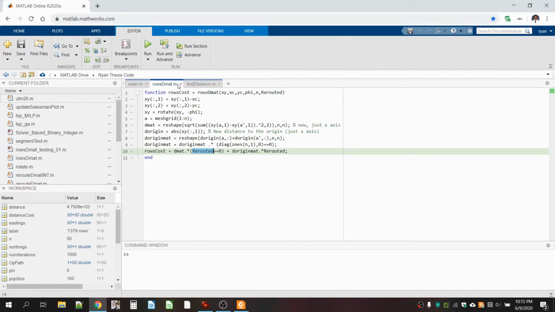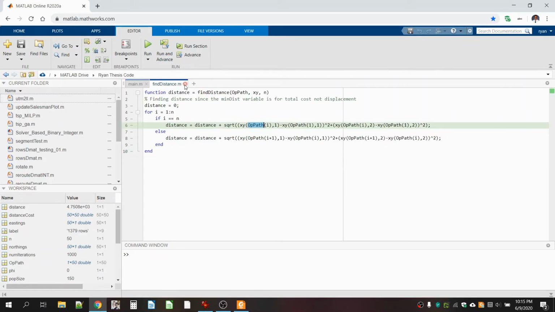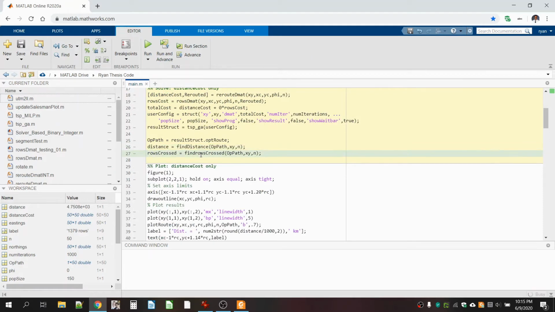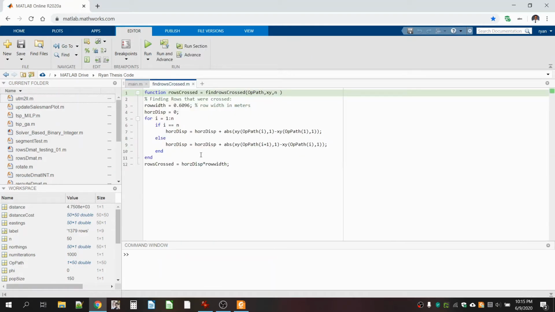And it's similar for the number of rows crossed. So that's what those are doing.